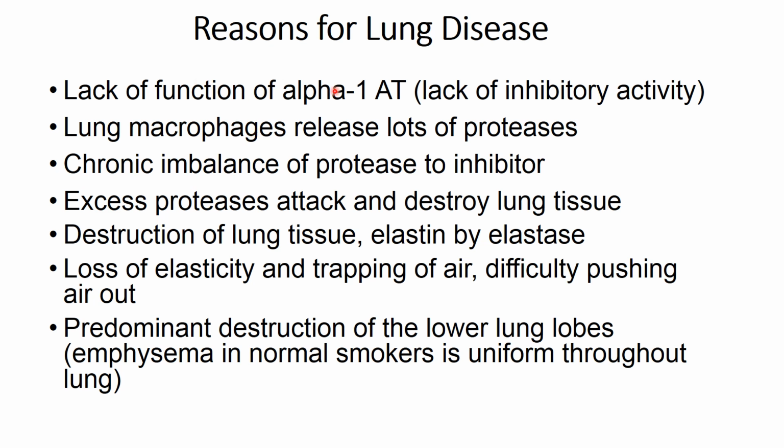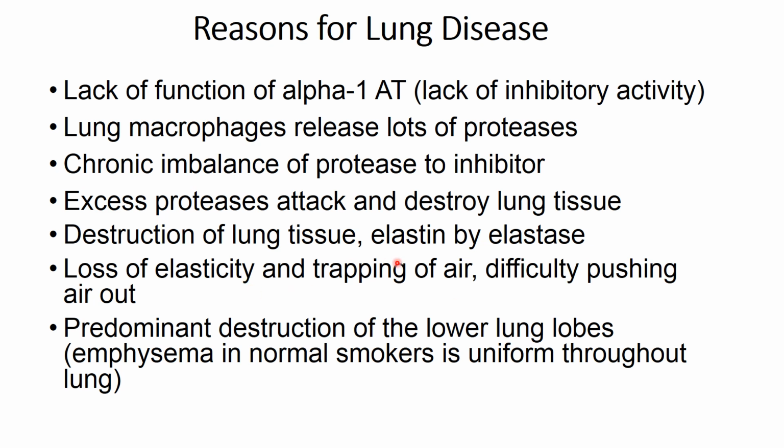However, we need to have enough inhibitors secreted and being in the lung to actually have a good balance between the proteinases and inhibitors. Now, lack of inhibitors, lack of antitrypsin, because less is secreted by the liver, causes an imbalance, and these excess proteinases chew up the lung tissue, especially elastin, which gives the elastic property for the lung, by elastase, which is released by macrophages.